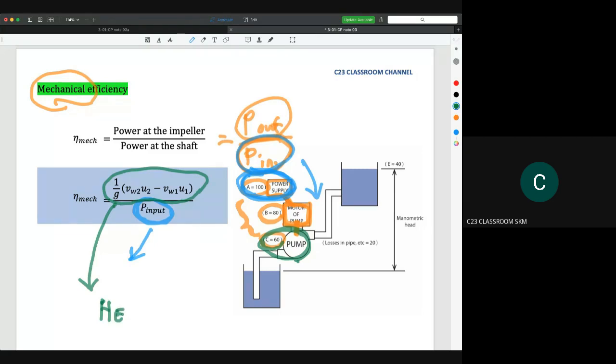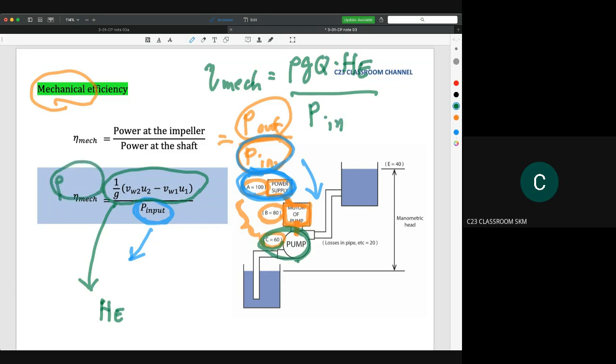So the efficiency for mechanical is actually rho g Q times Euler head divided by power input. Okay, I'm sorry, you need to write down rho g Q here, because rho g Q H is the power, and it's divided by power input here. Power needs to be divided by input, so you will get efficiency.